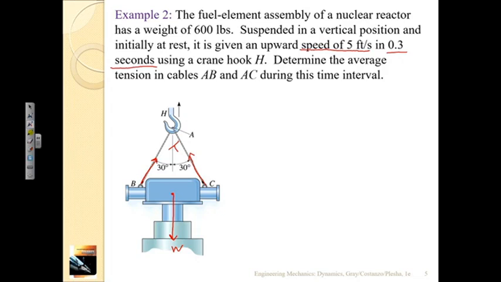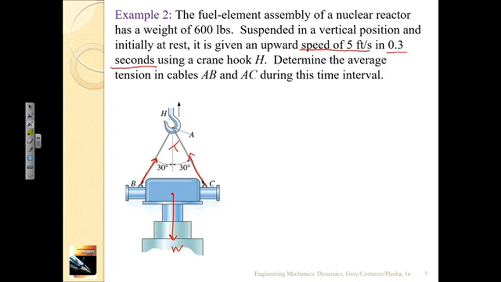So now my momentum equation for the y direction is this guy. The impulse side, 2T cos theta minus W, times delta t, is equal to m v2 in the y direction.